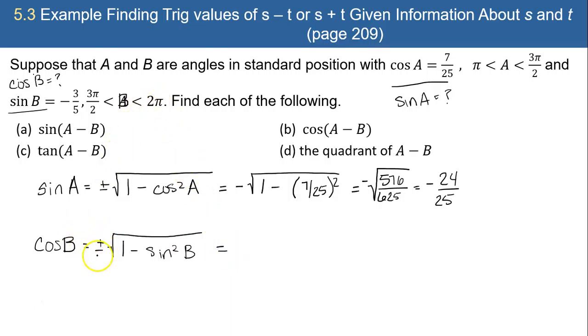And first, just like before, let's figure out whether it is going to be plus or minus according to what quadrant angle B is in. We are in quadrant 4 in this case, and cosine is going to be positive in quadrant 4. So let's say positive square root of 1 minus our sine squared B, so negative 3 over 5 squared.